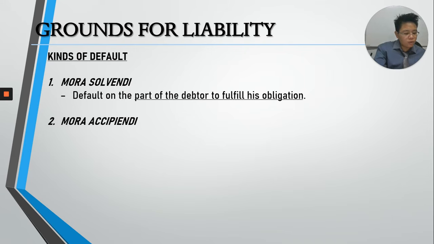So, pagka nagkaroon ng mora solvendi, remember the debtor will be guilty of breach. Obviously, the debtor will be liable for interest and damages. And even if the object is lost by a fortuitous event, binanggit ko na dati, anyway, pag-aaralan natin ng mas malinaw mamaya, the debtor is still liable.